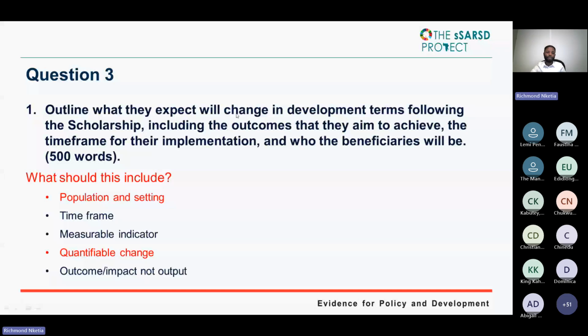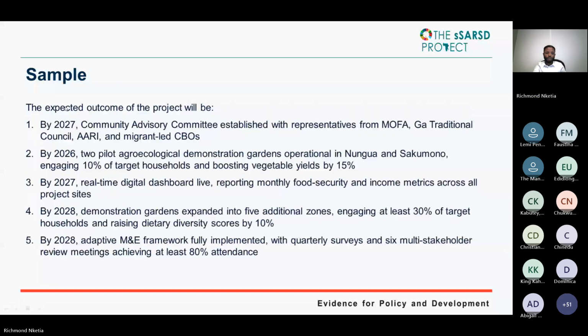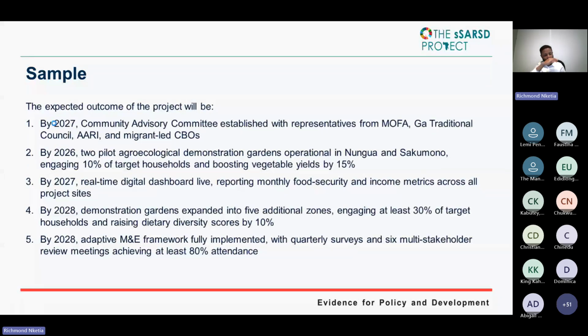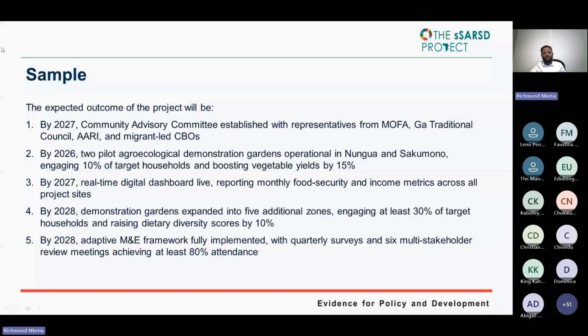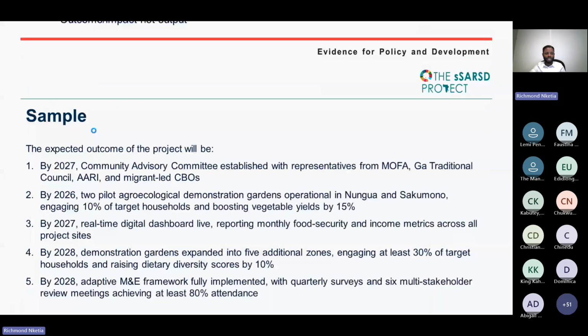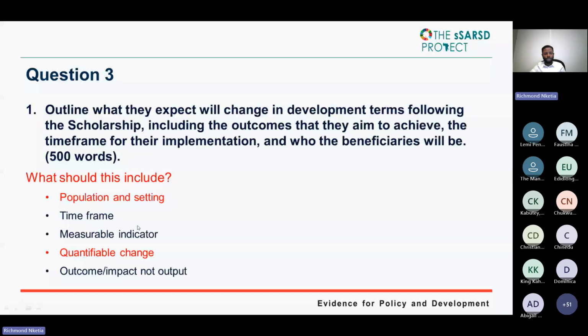So these are samples. I've updated what I brought last week for the purposes of today's discussion. I've added some of them. So the expected outcome of the project will be by 2027. Remember, I've stated here that you need population, you need time frame, you need measurable indicator, quantifiable change.